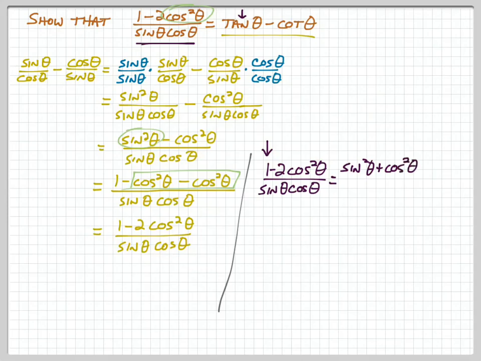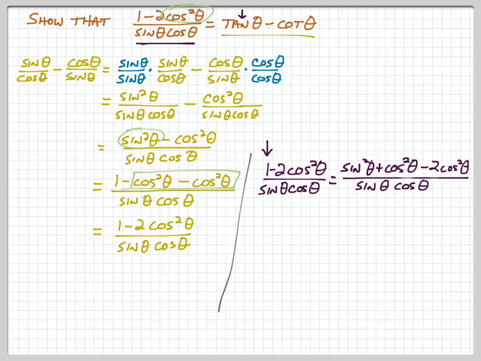We're going to take our 1 and substitute in our Pythagorean identity, so we get sine squared plus cosine squared, and that's going to be minus 2 cosine squared theta. All I've done is look for a way that I can break apart this 1 into our sine and cosine, so that we can hopefully at some point get to a tangent.